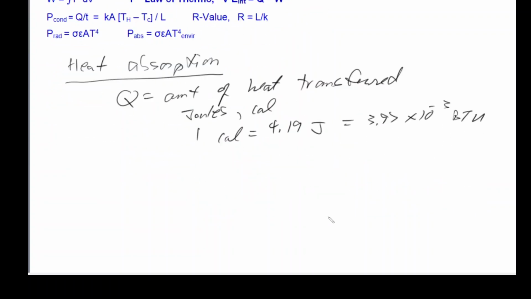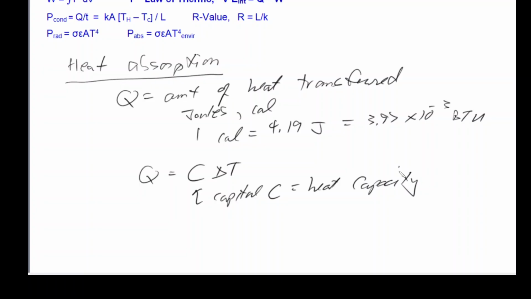Now, the change in temperature of a system due to the amount of heat it absorbs or loses is related to its heat capacity, C, where Q is equal to C times delta T. And here we're using capital C for heat capacity. And that relates the amount of heat that will cause a temperature change in a system.